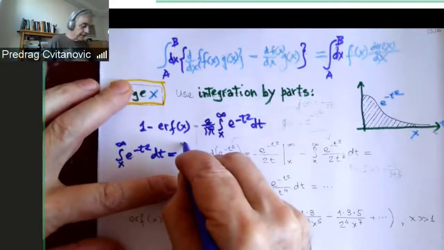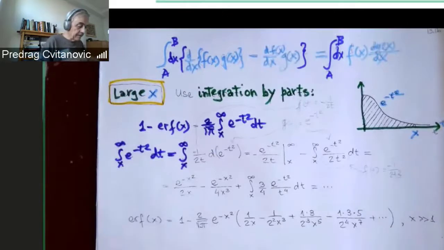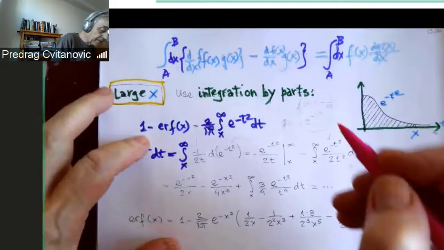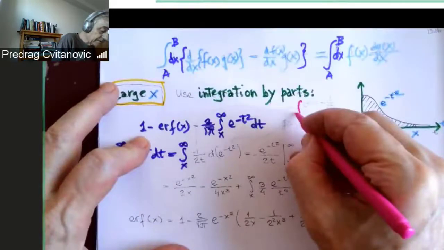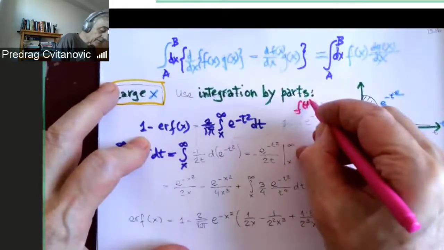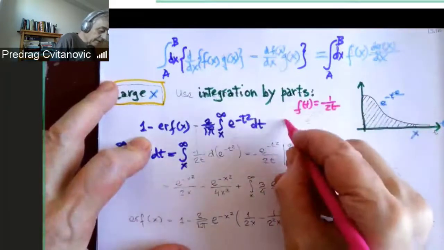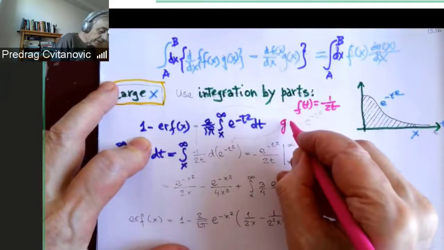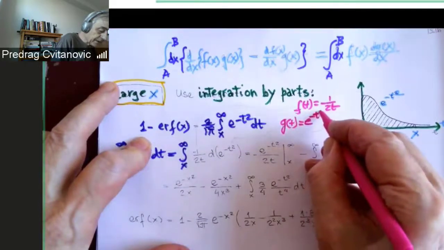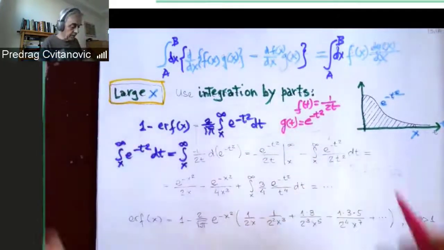I now use integration by parts. So what I do is I decide that there is a function 1 over t, and there is a function g of t, which is just the exponent Gaussian term.